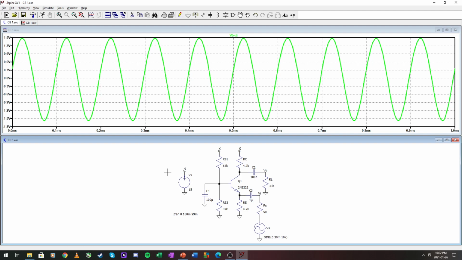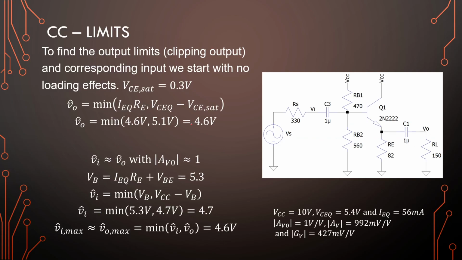Okay, let's have a look at the common collector amplifier. Right, here is our common collector. I used here one with two input bias resistors, so voltage divider bias, and we are not going to be concerned with V pi in this problem because the overall gain of this amplifier should be 1 at a maximum.